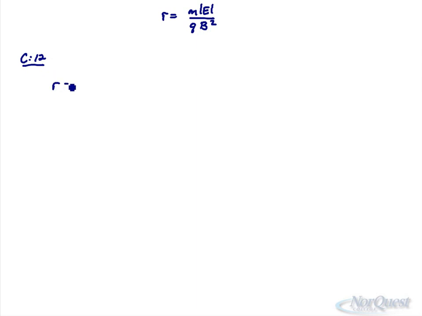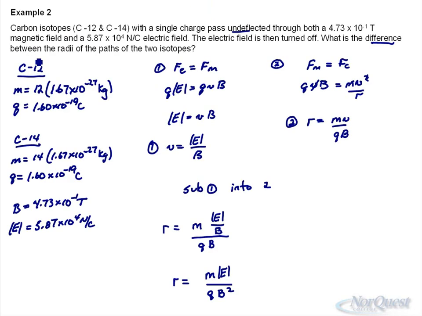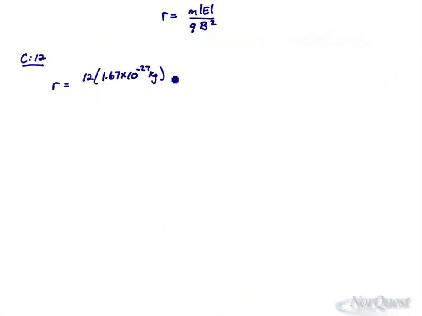So R equals 12 times 1.67 times 10 to the negative 27 kilograms times the electric field, 5.87 times 10 to the 4 newtons per coulomb, divided by the charge.